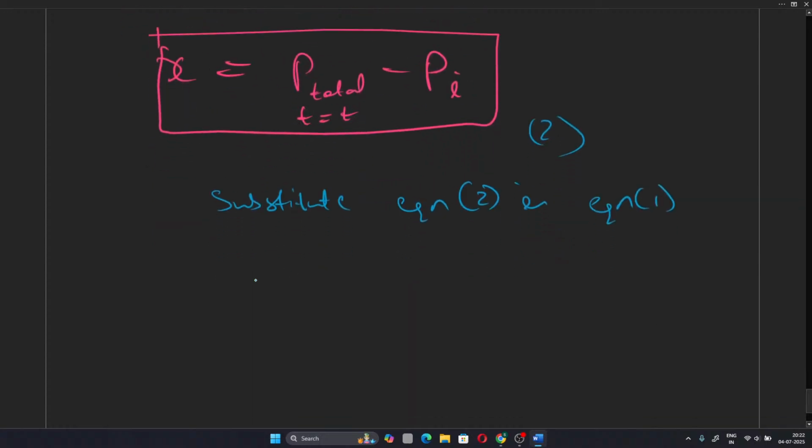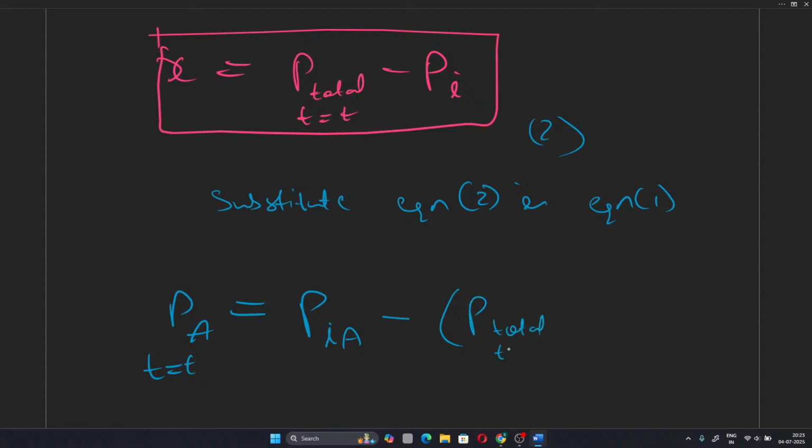It will be PA, the partial pressure of A at time t, equals P initial of A minus P total at time t minus Pi.